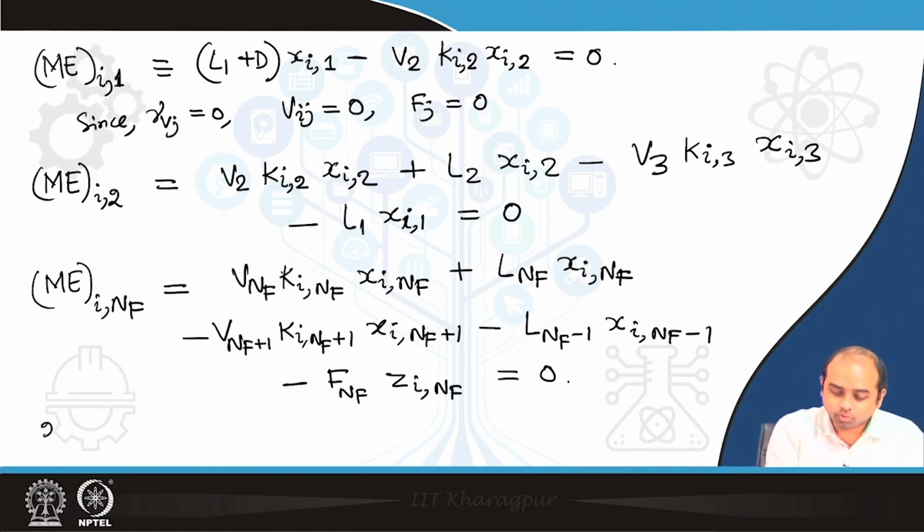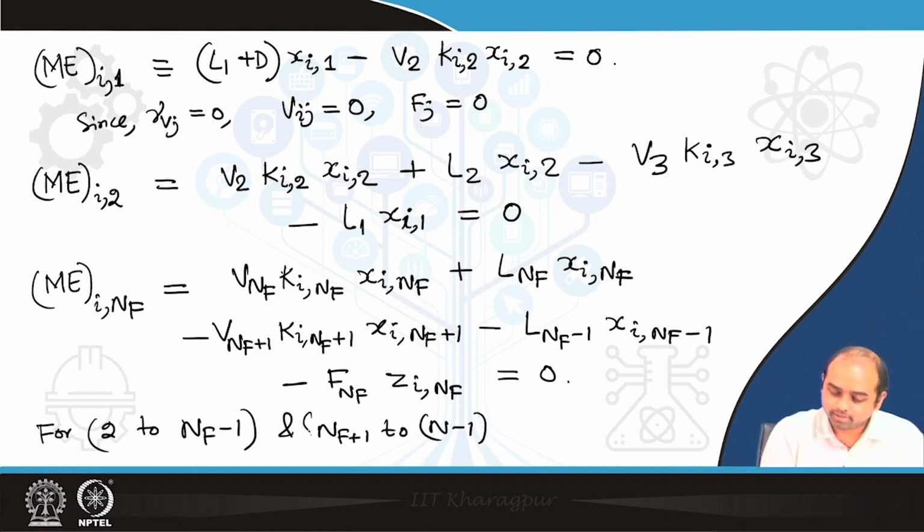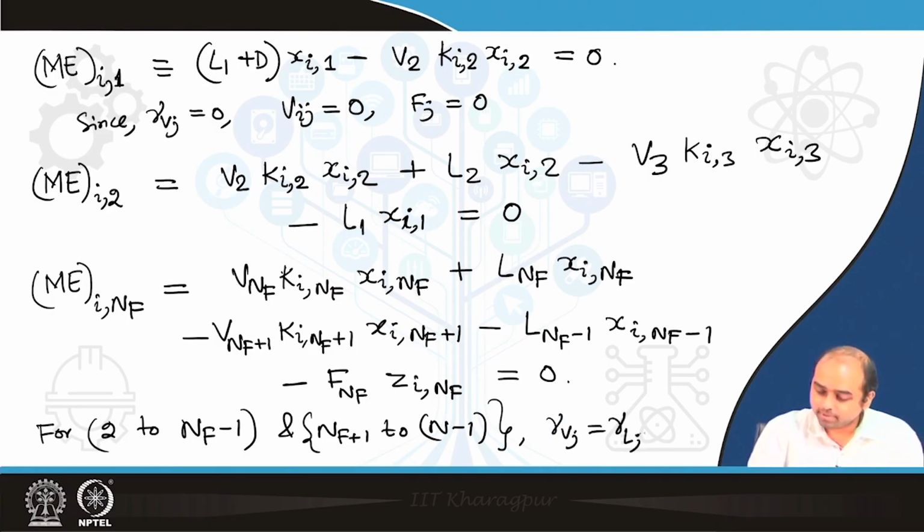So ideally, what we get from 2 to NF minus 1, and NF plus 1 to almost the stage before the reboiler, for all these parts, you have gamma Vj, gamma Lj, and Fj all 0.